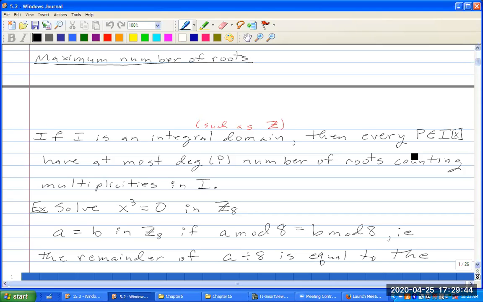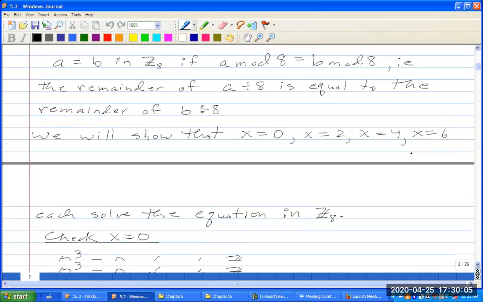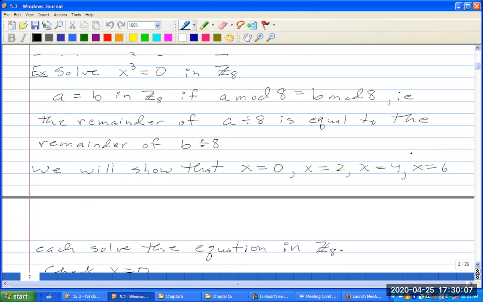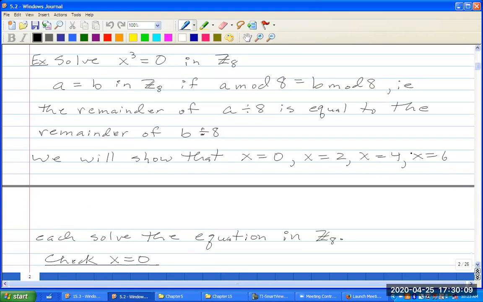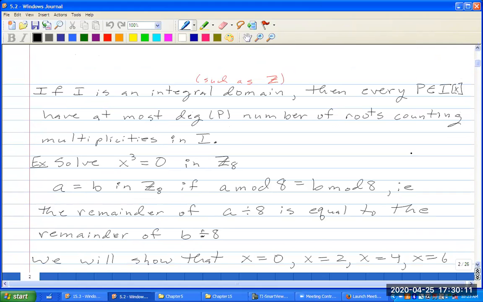Well, let's see what could go wrong. Okay, so what if it's not an integral domain? So suppose I want to solve x cubed, and I want to solve that in Z sub 8. Okay, so actually, let me insert something here.